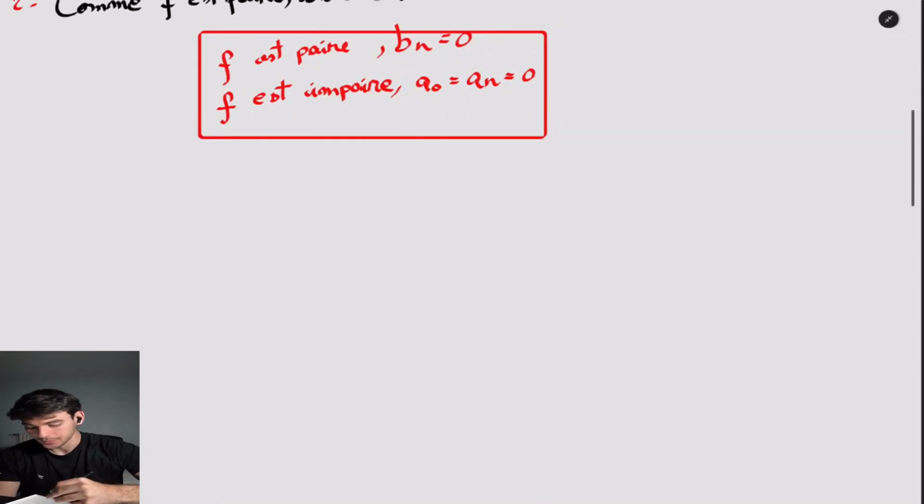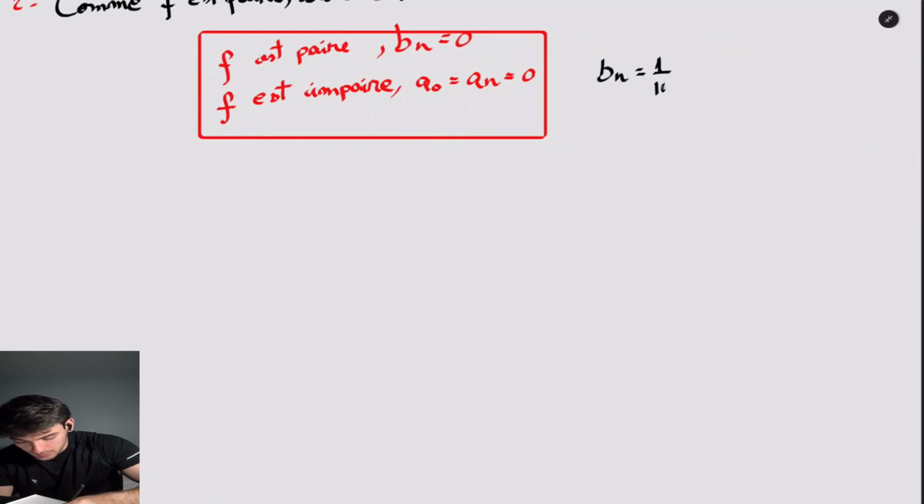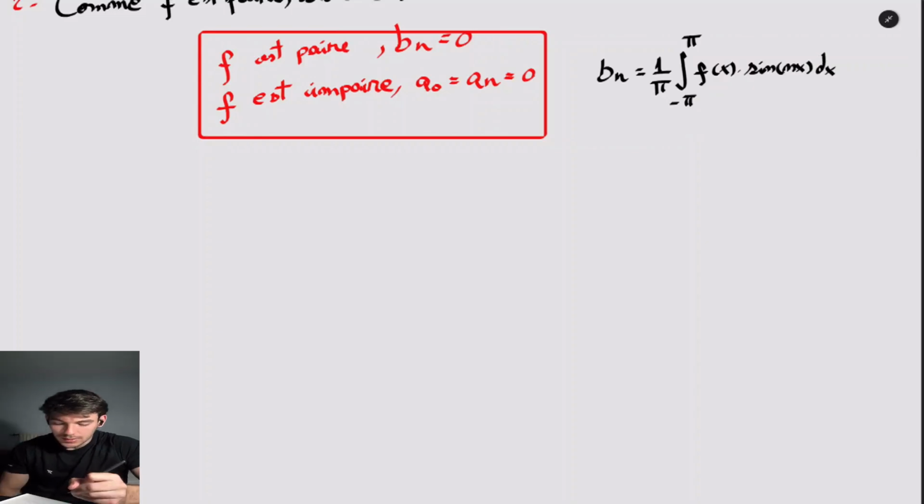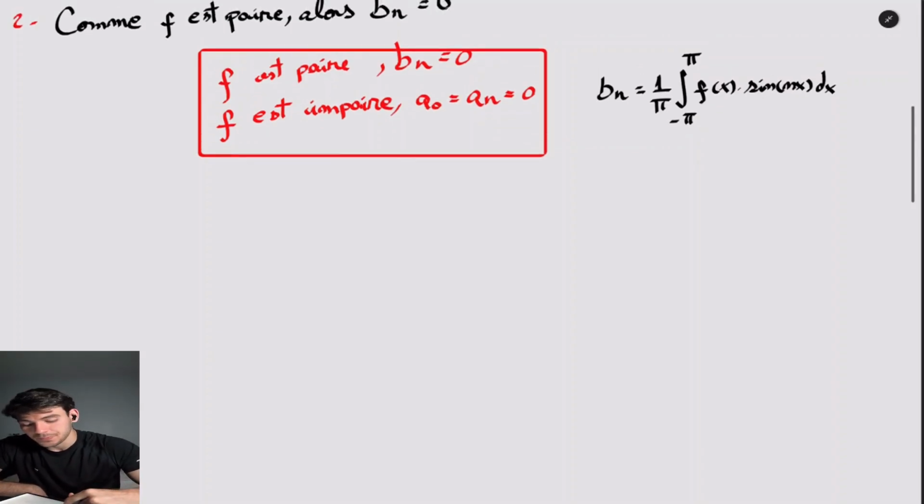All right, so let's write the formula of Bn. It equals 1 divided by pi integration from minus pi to pi of f of x times sine of nx dx. So that's the equation of Bn. So let's analyze this.